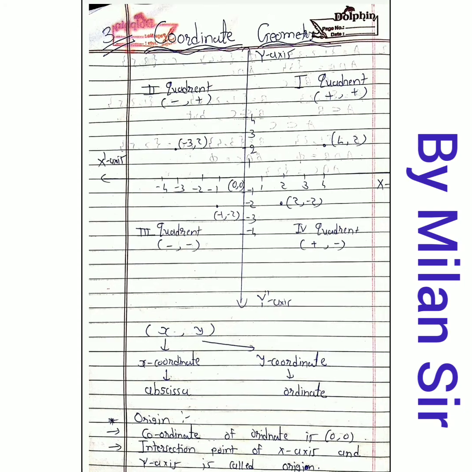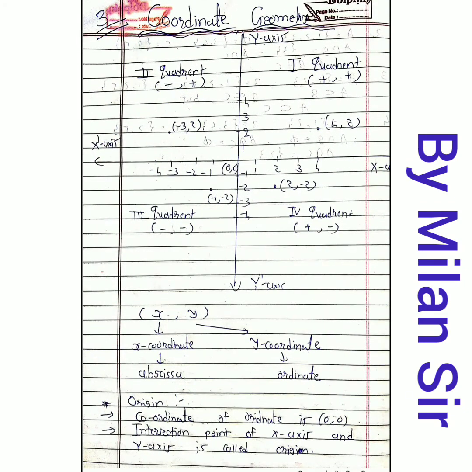Then this is (-1, -2). The first value is on the x-axis and the second value is on the y-axis. Here -1 is the value of x and -2 is the value of y.